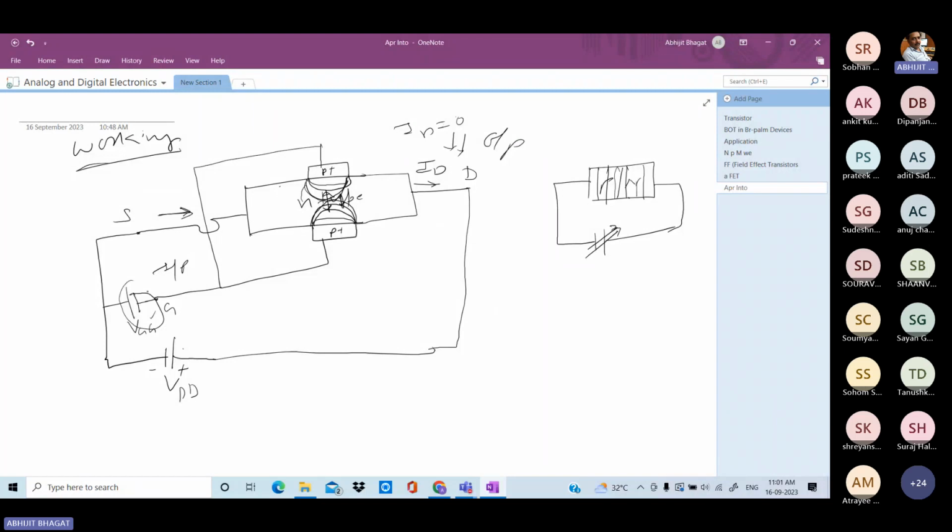This is the working. Now, working is clear to all of you. Here the input voltage VGG controls the output current. Clear?